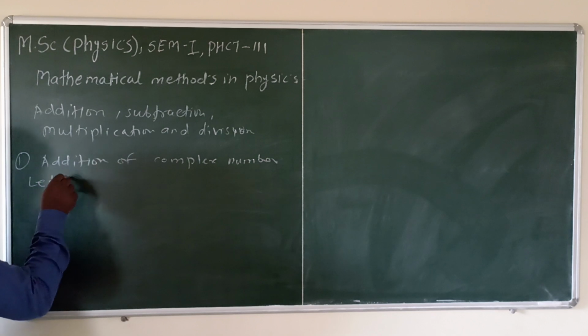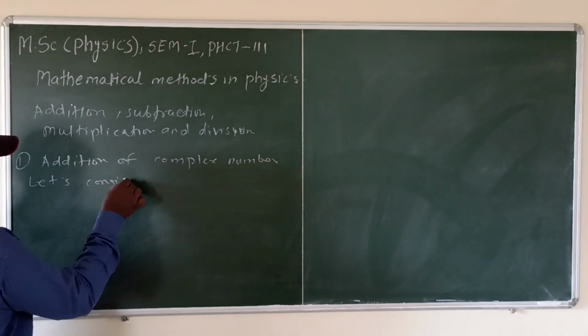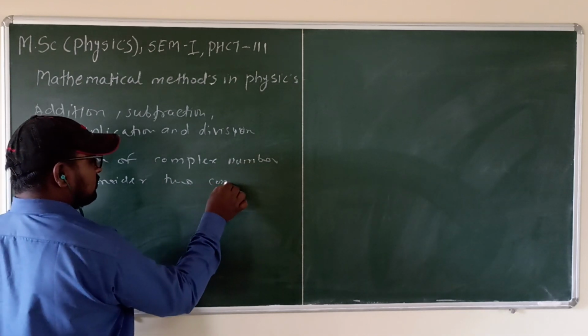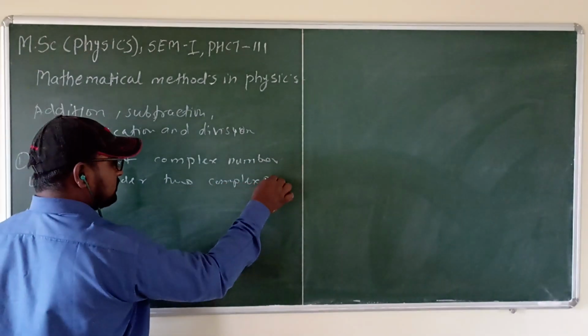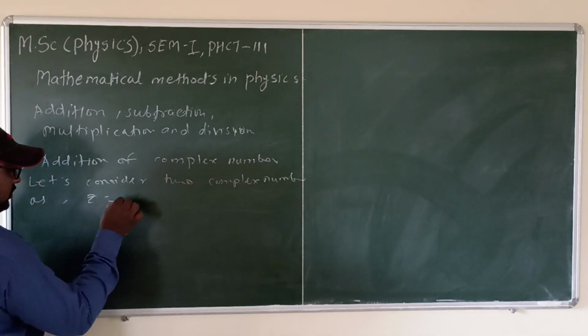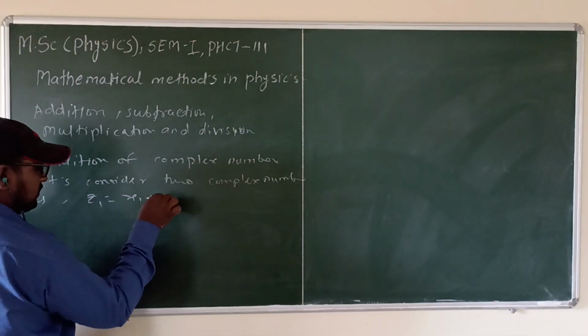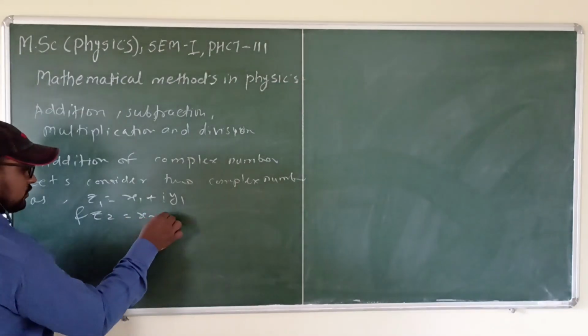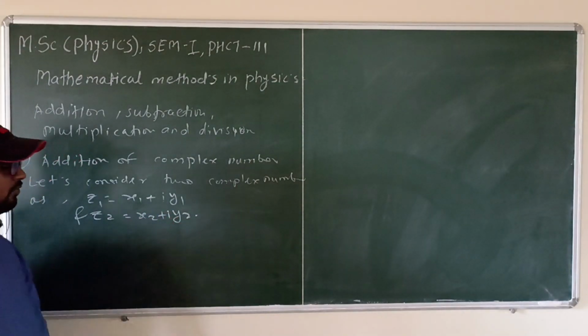Let's consider two complex numbers as z1 is equal to x1 plus i y1 and z2 is equal to x2 plus i y2.